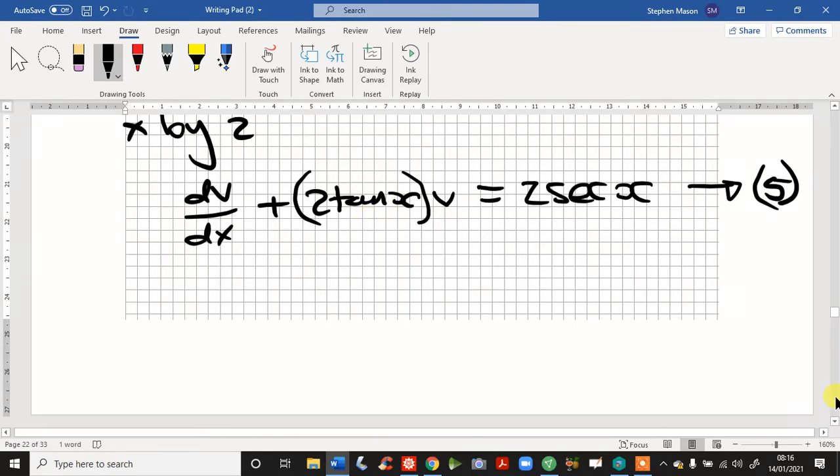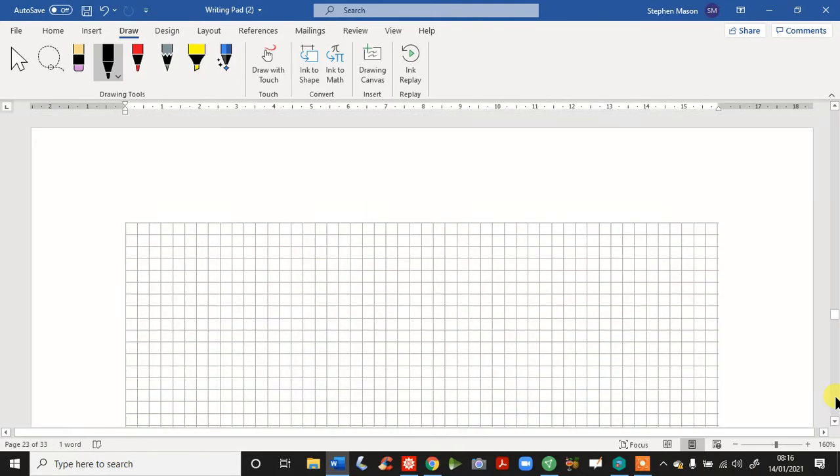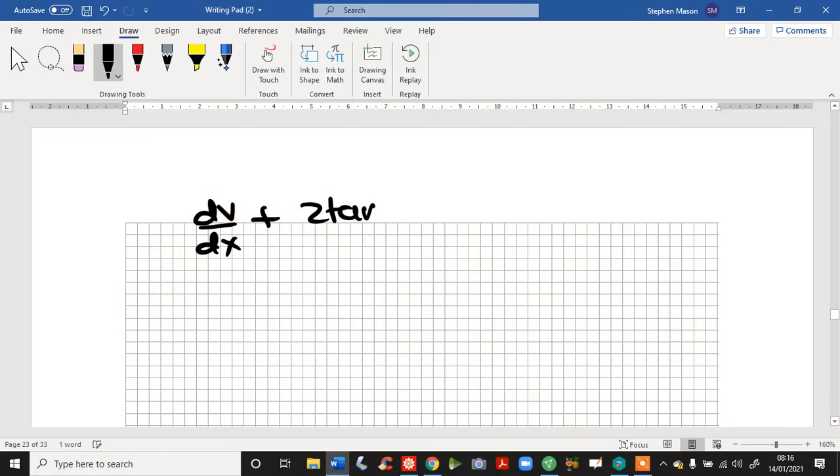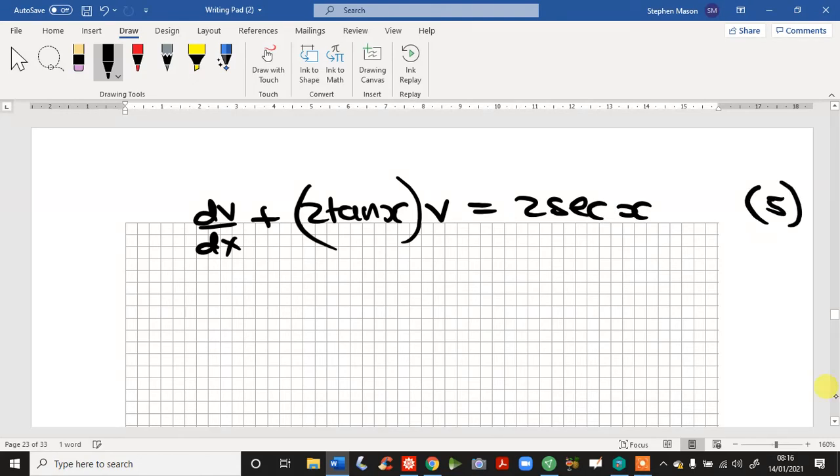I'm going to write that down on the next page because there isn't very much room there: dv/dx plus 2 tan x times v equals 2 sec x, which we called equation 5.